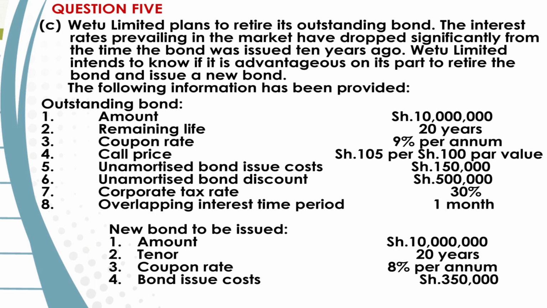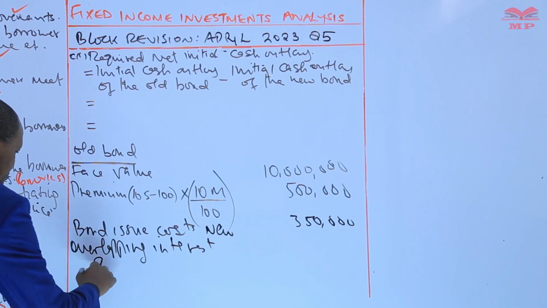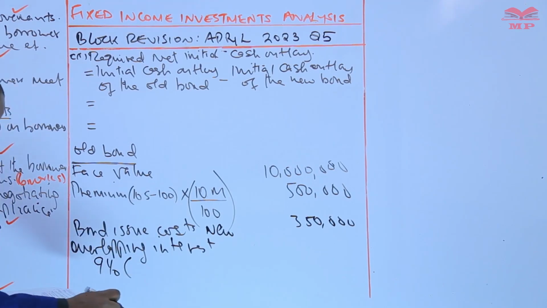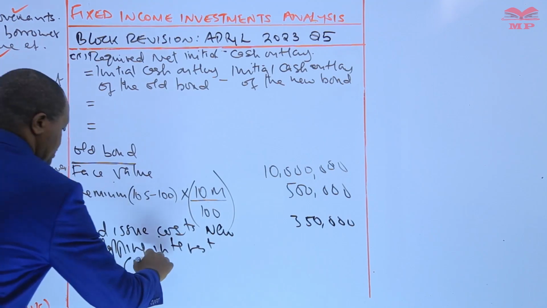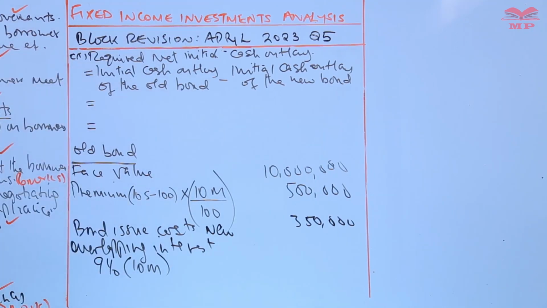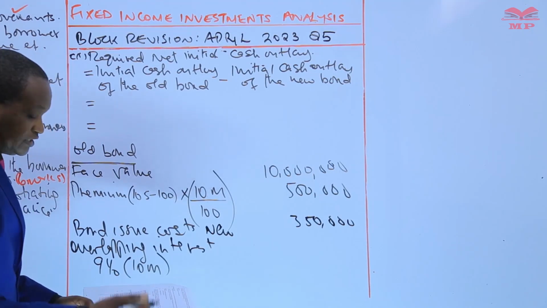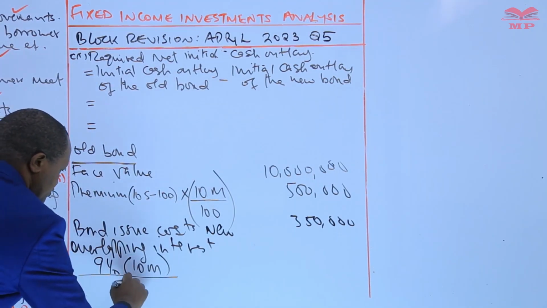So first of all, we calculate the interest, which is 9% of the par value of 10 million. This is the total interest, but overlapping interest is in relation to a 1 month period, so we divide by 12.